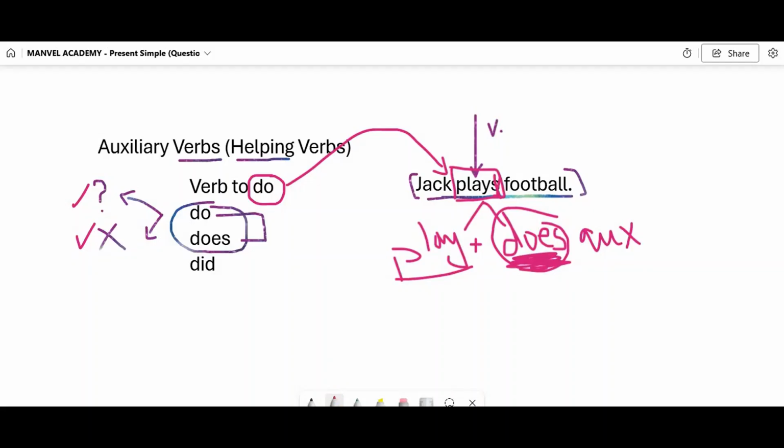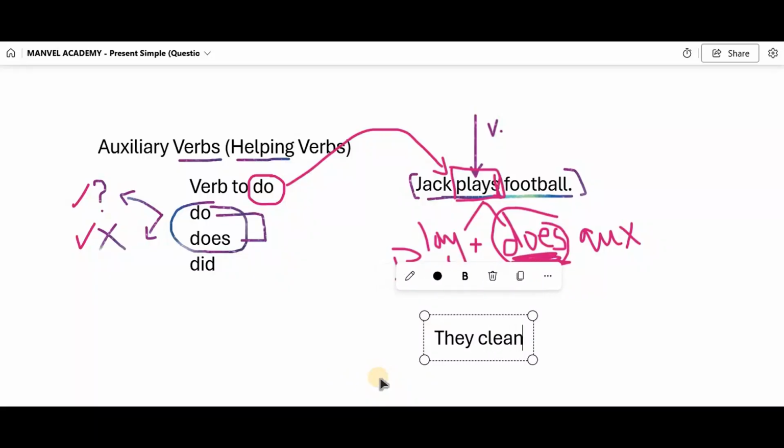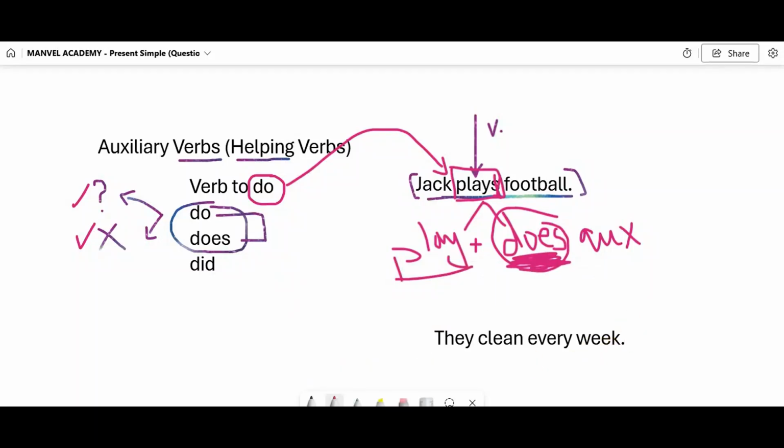Okay? But let me give you another sentence. They clean every week. I need an auxiliary verb. Is there any auxiliary verb written right in front of your eyes? Can you read them? No. If I can't find the auxiliary verb, where should I go? The verb. Very good.